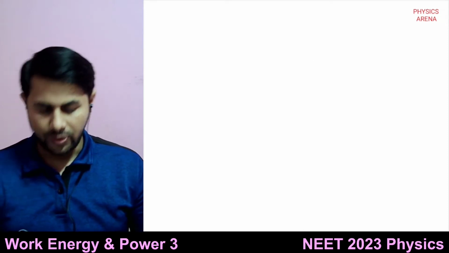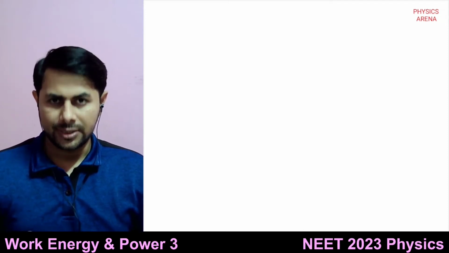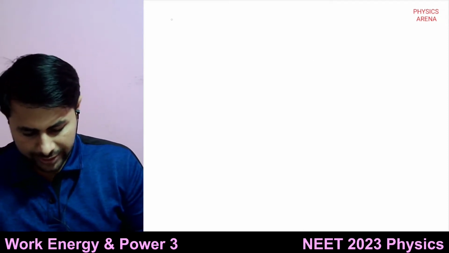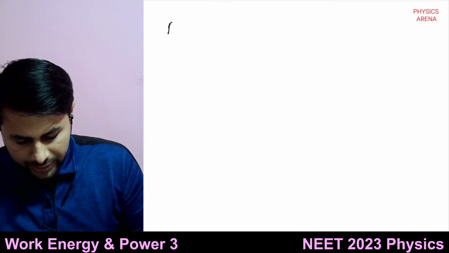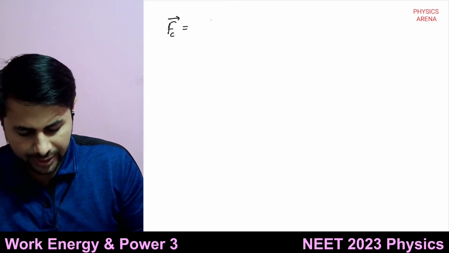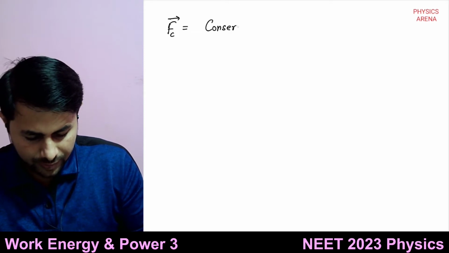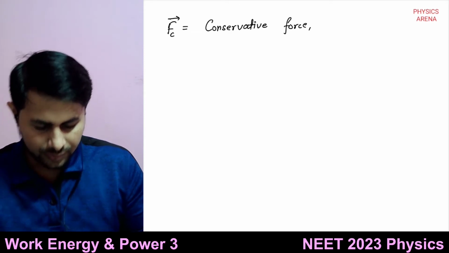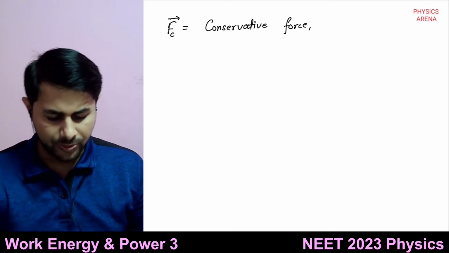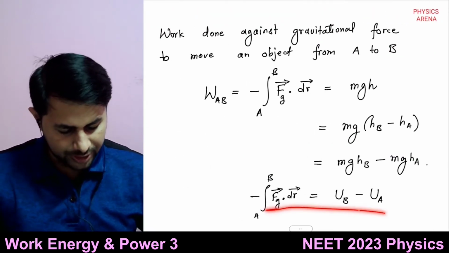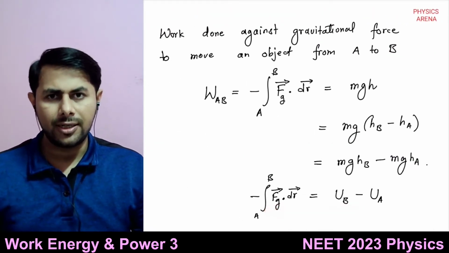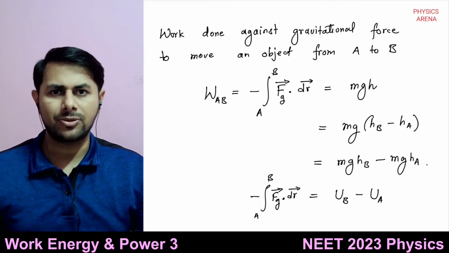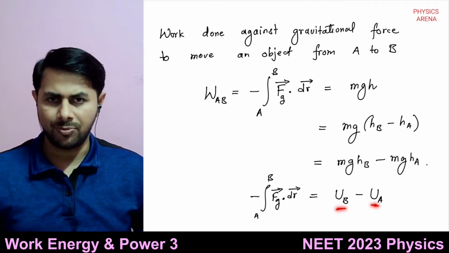So for all conservative forces, let's suppose Fc bar is any conservative force. This kind of relation will be true for any conservative force, because work done depends only on the start point and end point.